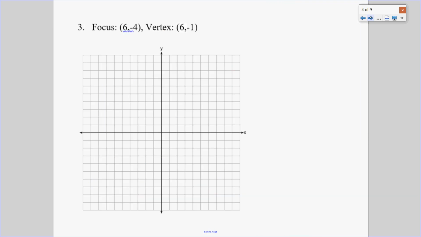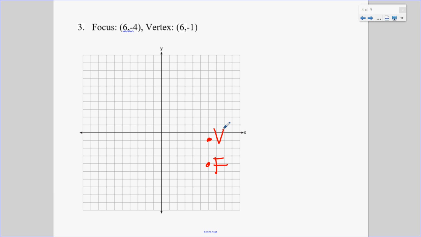Focus is (6, -4). Vertex is (6, -1). Now, I'm not giving you the same pieces of information as I did in the first two problems. There are always 3 key pieces of information: the focus, the vertex, and the directrix. In this example, I'm missing the directrix.